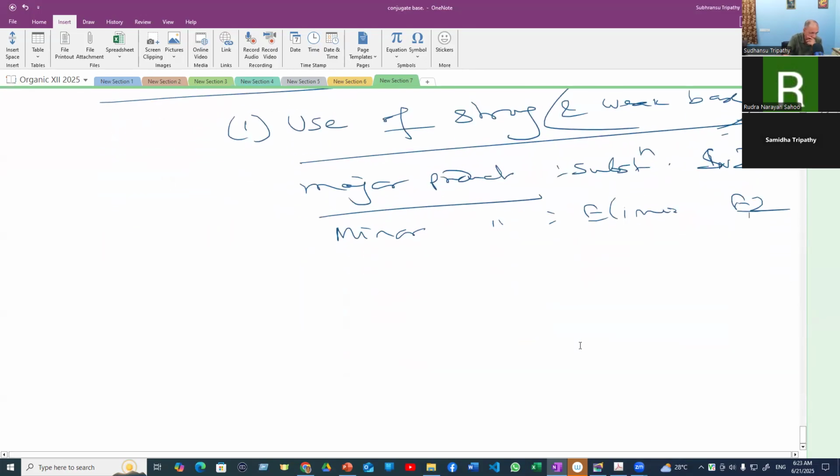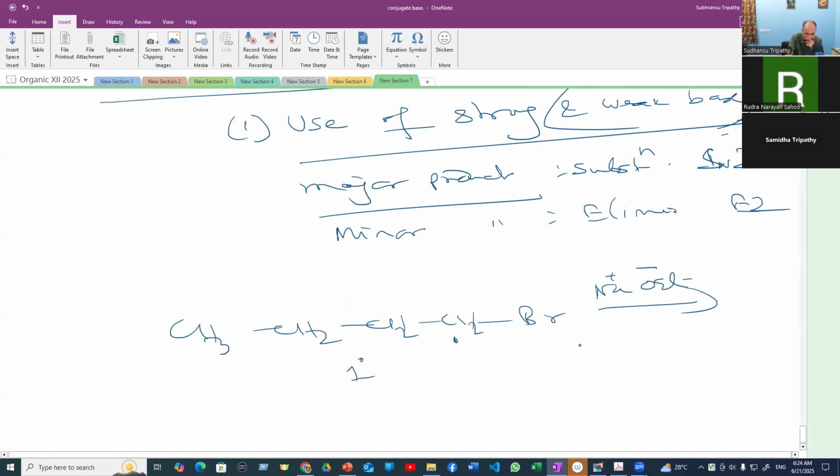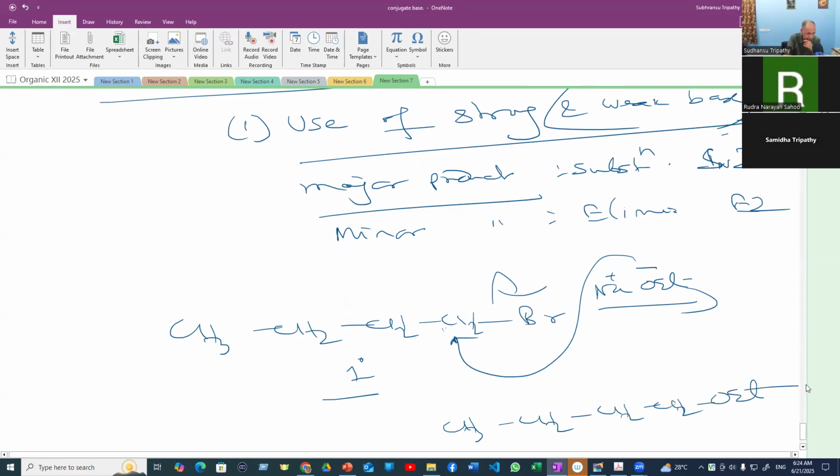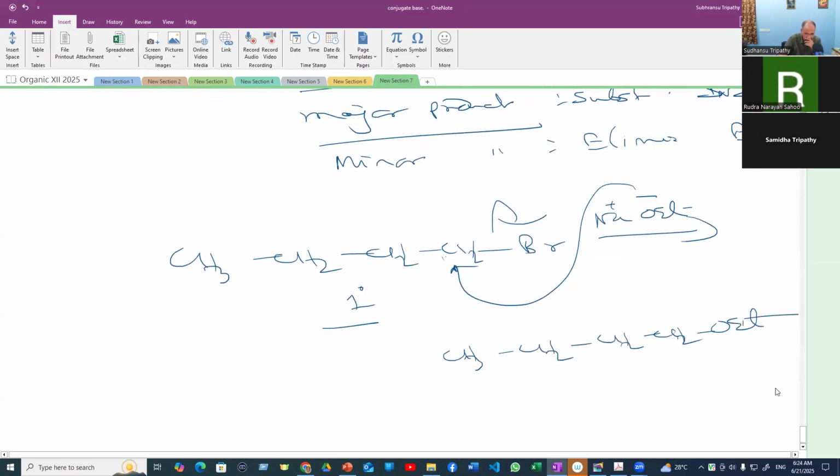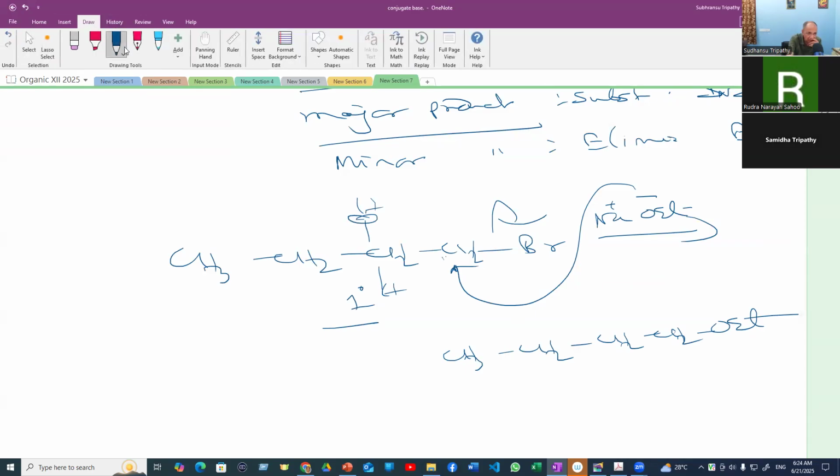Let's take an example: n-butyl bromide, to which we add sodium ethoxide. This is a 1 degree halide, so the major product will be Williamson synthesis, the OEt product. But 10% will not be beta elimination; E2 elimination will occur, but it will be the minor product.